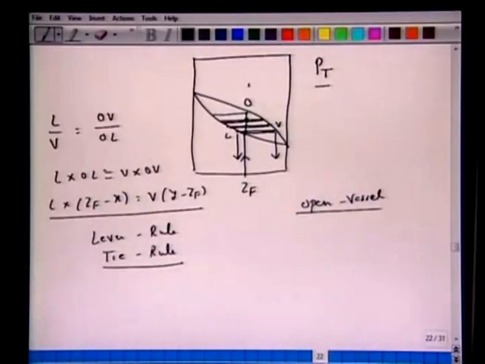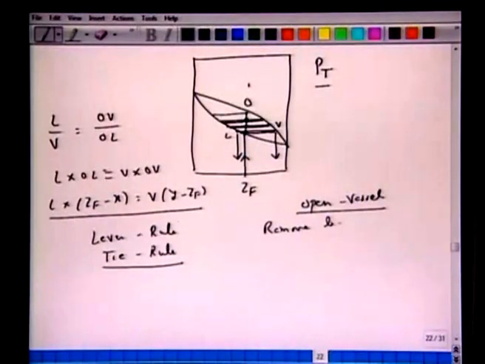So essentially, one can do this experiment in an open vessel. If you do this experiment in an open vessel, what Txy will you obtain, that's very interesting, and you must understand that this is consistent with your experiment. So if you do this experiment in an open vessel where you remove liquid or vapor as soon as it is formed.